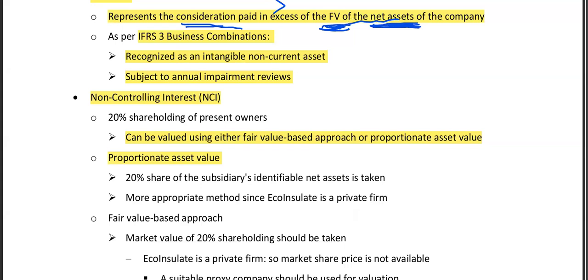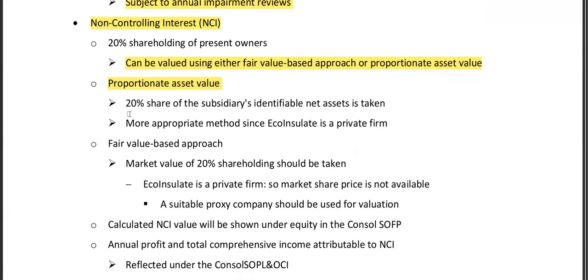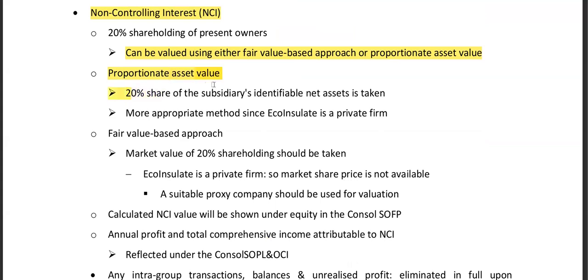The 20% share will be the net assets that belong to the two remaining shareholders. So we will be considering that value as the non-controlling interest value to be reflected in the consolidated statement of financial position. And this method would be more appropriate here.